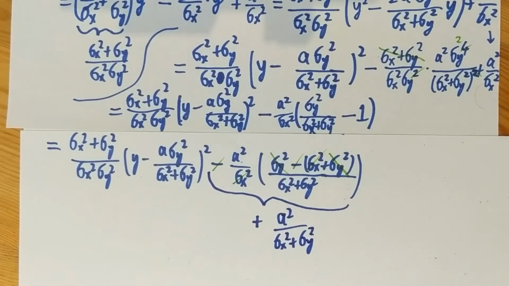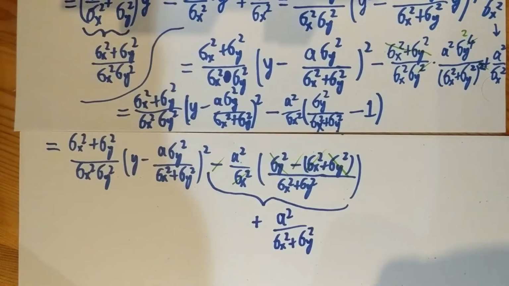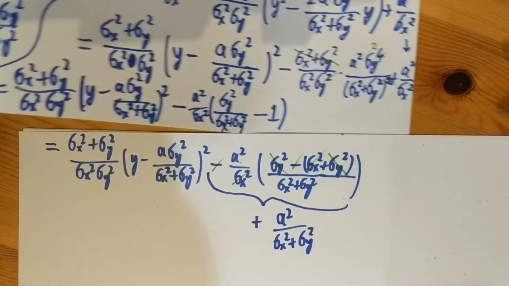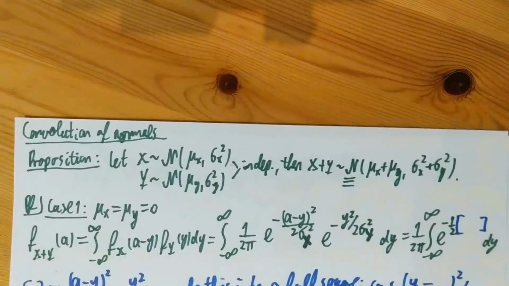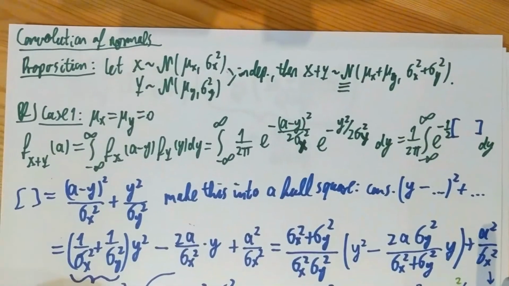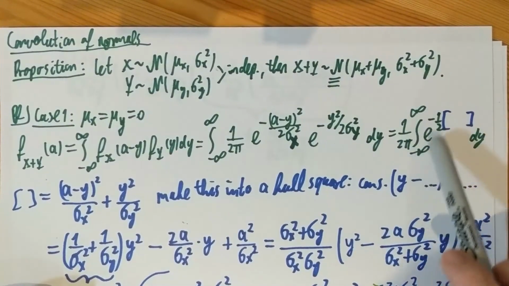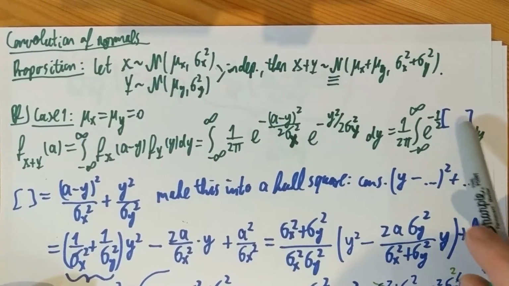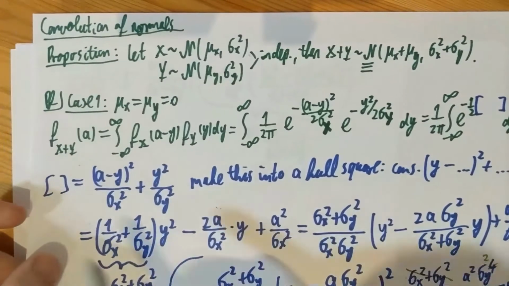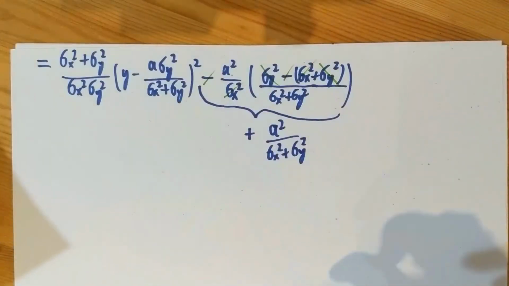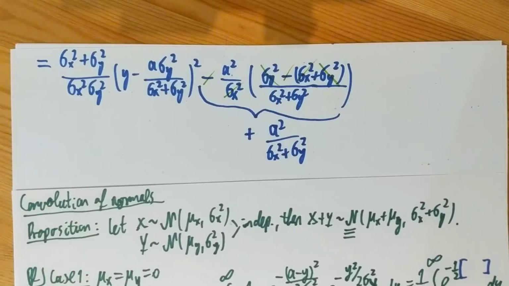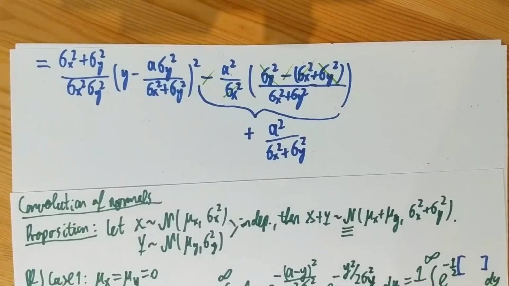So next I'm going to plug everything back into my integration. So we started with an integral, the convolution integral, and we said it's 1 over 2 pi exponential minus 1/2 square bracket integrated out. The square bracket ended up being this thing here, so I'm going to write all of that back into the original convolution integral.